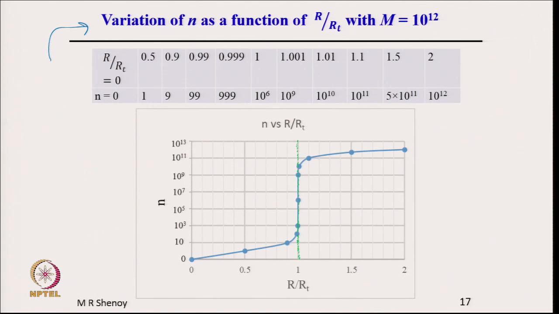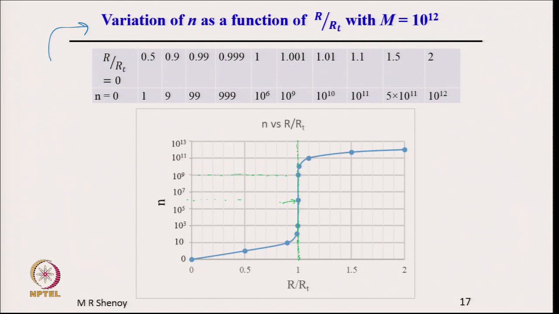So, r by r t equal to 1 means at threshold. You note that in these three expressions, when we substitute how the photon number changes at r by r t equal to 1, that is at threshold pumping rate, this is the point 10 to the power of 6. And the next point, a little bit above threshold, it is already 10 to the power of 9.